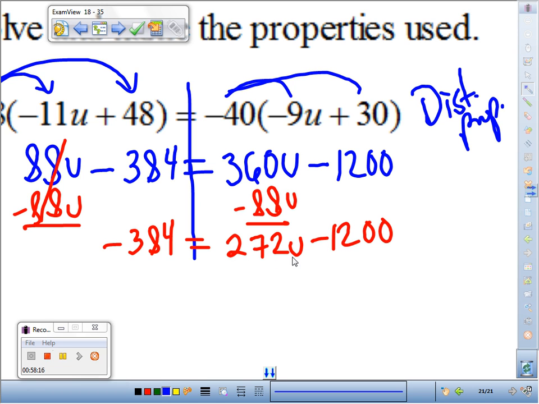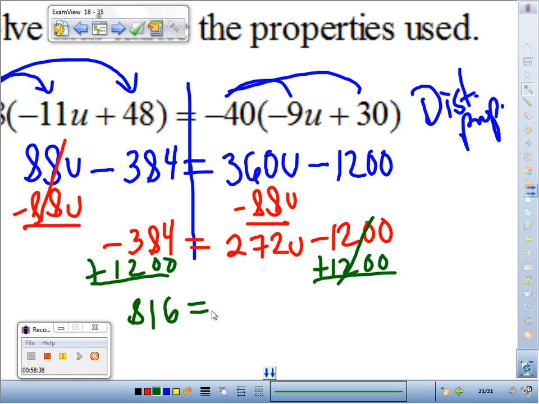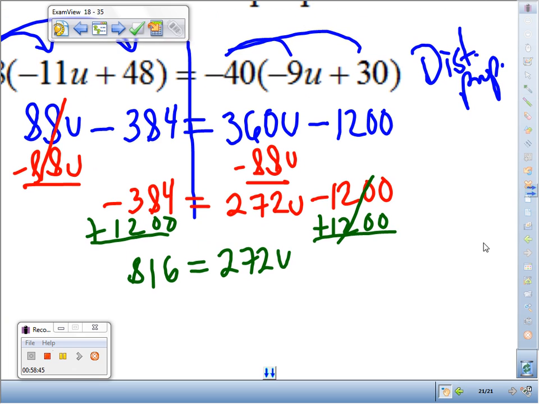So we need to leave the u by itself. That means we need to get rid of this 1200. So I add 1200 to each side. We're left with 1200 minus 384. That's 8. What? 816? Yes, Mr. Q. All right, good. 272u. And what's our last step?